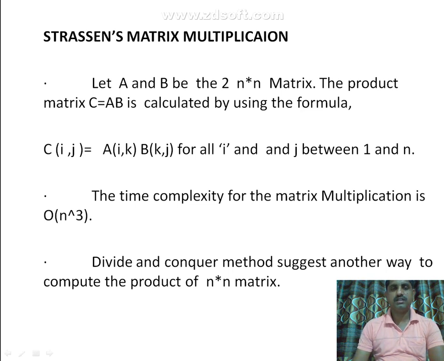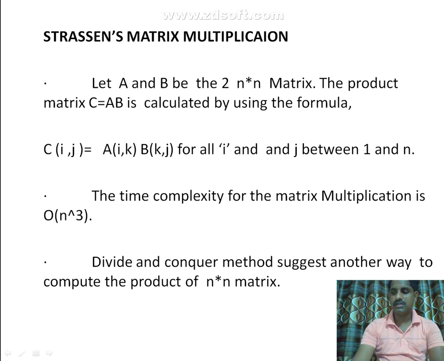In Strassen's matrix multiplication, let A and B be two n by n matrices. The product matrix C equal to AB is calculated by using the formula, whose (i, j)th element is found by taking the elements in the ith row of A and the jth column of B and multiplying them.